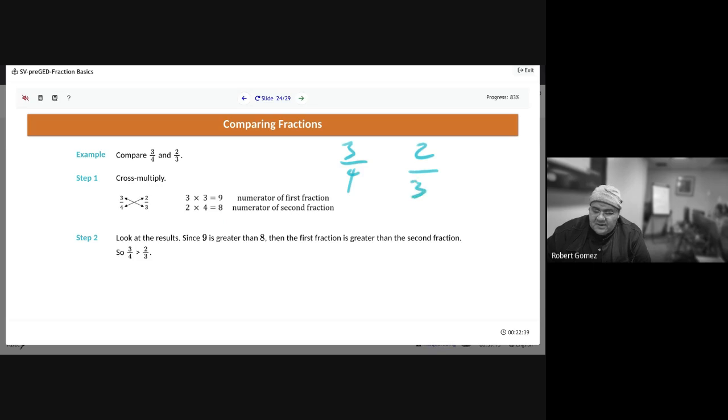And we're going to say, okay, we're going to start in this direction. I wish they would just have us do that. So we're going to start with this one direction first. And we're going to say, okay, 3 times 3 is 9. That's going to be the numerator of the first fraction.